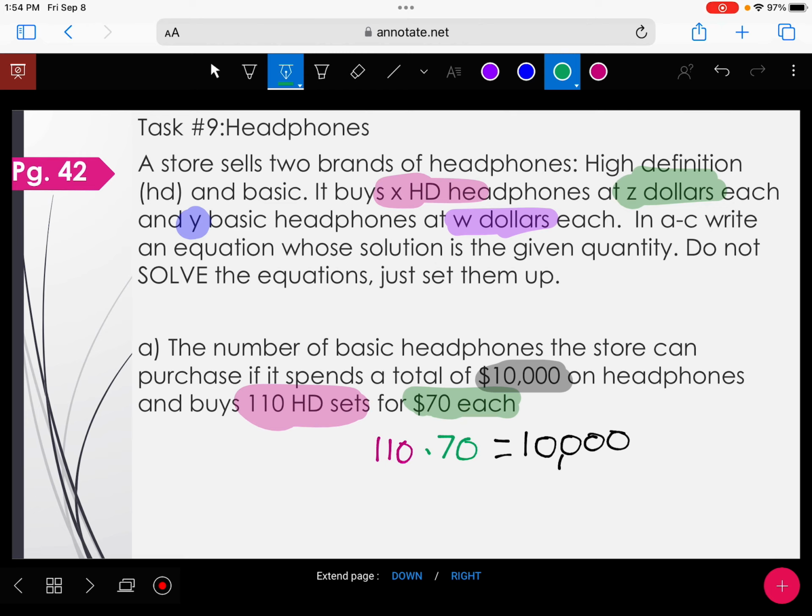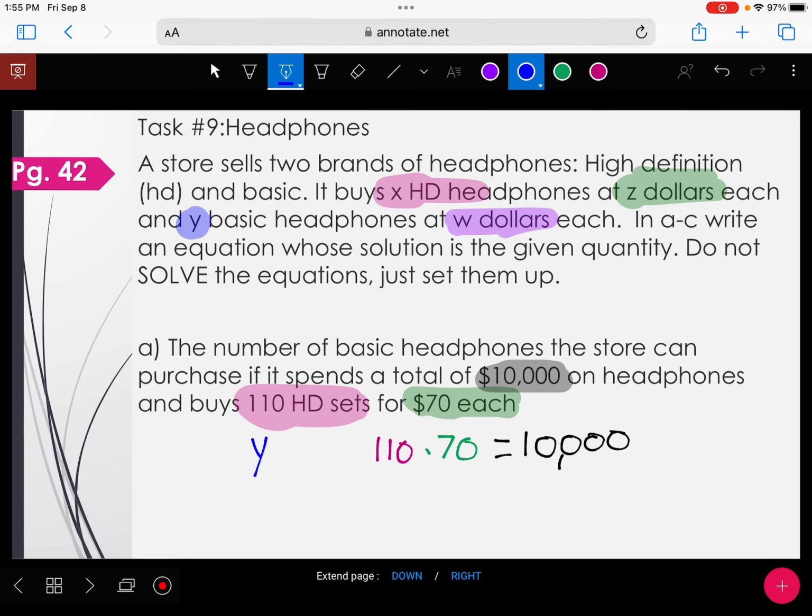What do we know about our basic headphones? Do we know how many they're going to buy? No. So we can use a variable, and they already gave us one of those. It's going to be the Y. Do we know how much they're going to cost? No, because they didn't give us any information.